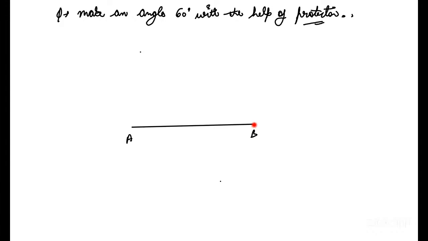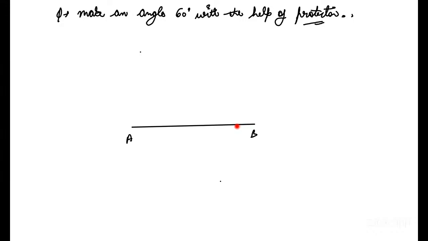Put it such that the middle part of the protractor, which has a line, should be on B. Understood? Yes or no?